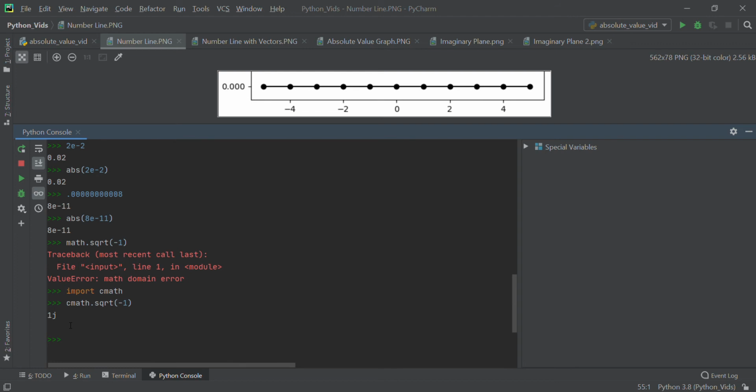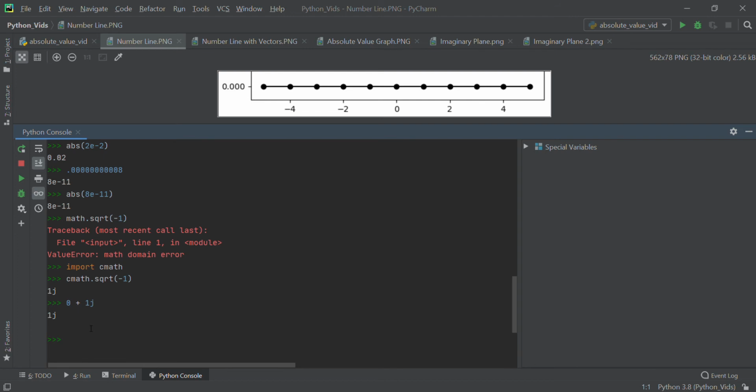So for the one we just saw, the square root of -1, you can think of it as having a real part of 0, because you're not adding anything to it, plus 1j, this imaginary part of just one of these imaginary units, which is the square root of -1.